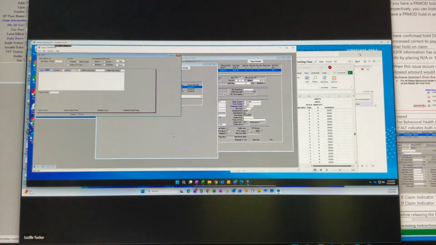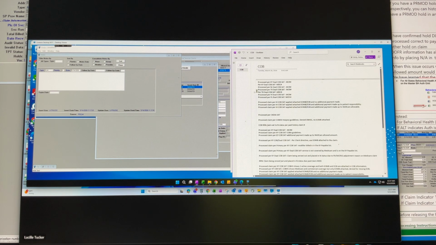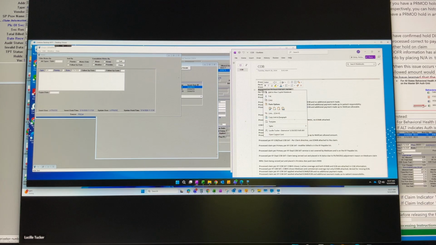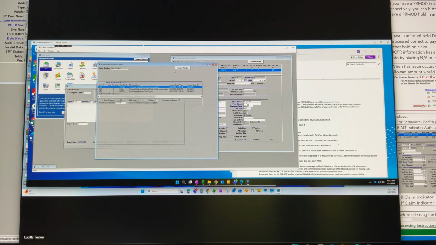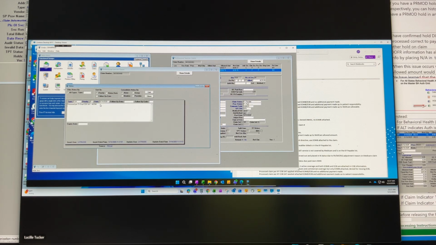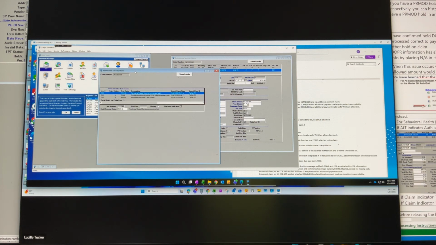You must put your Medicare claim number in the notes. You must put your Medicaid claim number in the notes. Okay? That's why I gave you the notes in the format that I gave you. Okay? Processing per dual stat is not acceptable. You have to have those claim numbers in there. That is my Medicaid note.